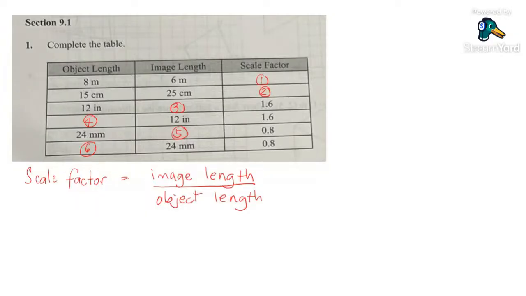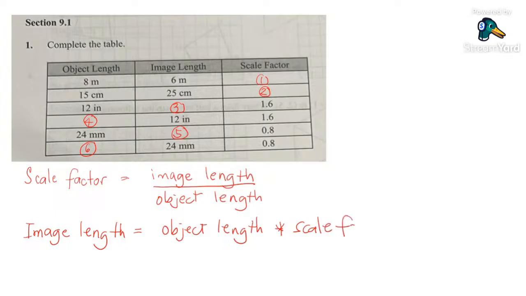So we have to write a formula based on the scale factor formula. The image length will be the object length times the scale factor, if the scale factor is given.